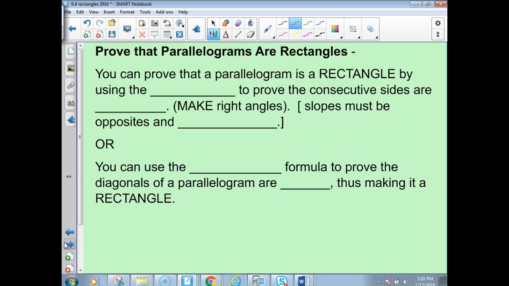So, prove that parallelograms are rectangles. You can prove that a parallelogram is a rectangle by using the slopes, to prove the consecutive sides are perpendicular.